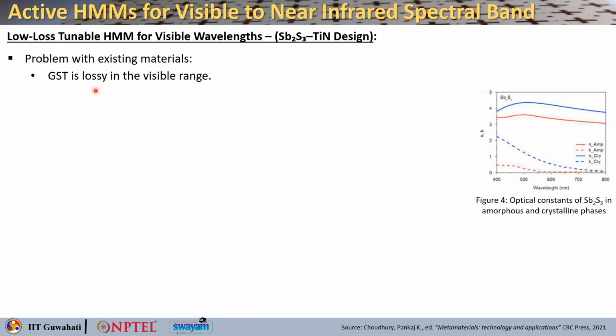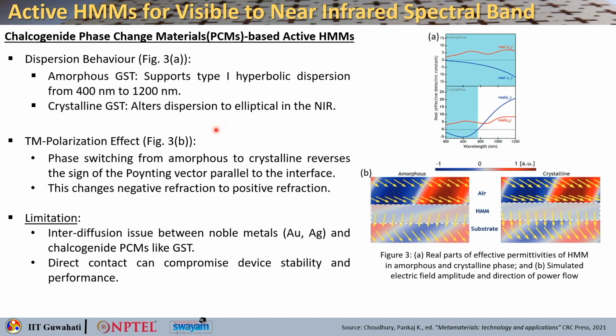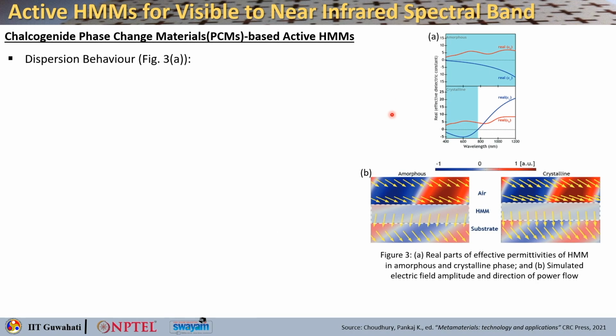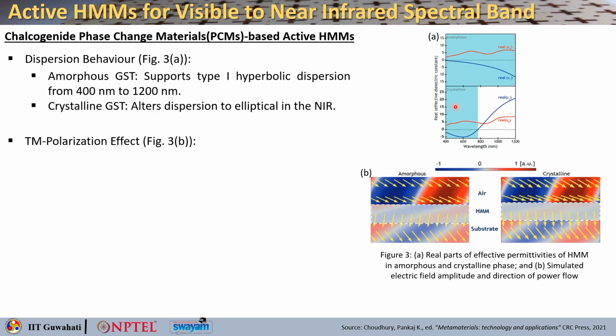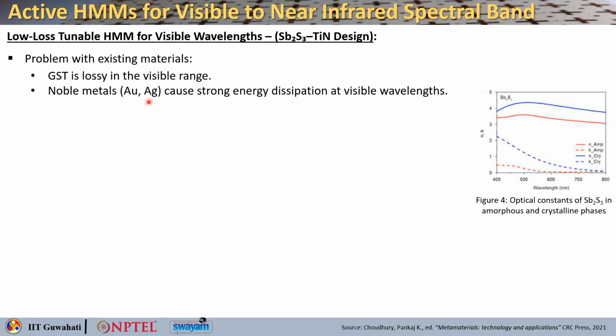First of all, GST is lossy in the visible range, which you can see from this graph also if you go back and look. GST is lossy here, you have a very high K component in the visible range. Next, we have also seen that when you use noble metals like gold or silver, they cause a strong energy dissipation in the visible range.